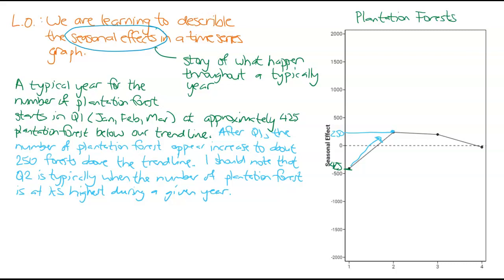We're now shifting over to quarter three, and it does appear there to be a slight decrease, and maybe slightly below that. We'll call that 225. Again, I'm estimating here.